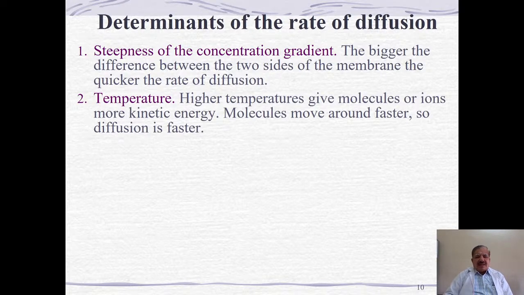Temperature. Higher temperature gives molecules or ions more kinetic energy. Molecules move around faster, so the diffusion is faster.